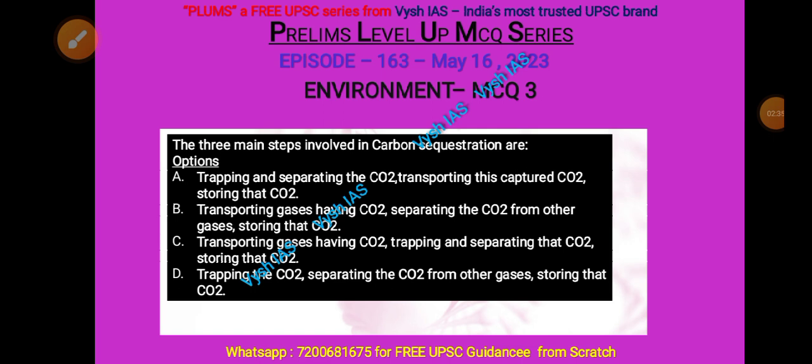Option B: transporting gases having carbon dioxide, then separating the carbon dioxide from other gases, and then storing it. Option C: transporting gases having carbon dioxide, then trapping and separating the carbon dioxide, and then storing it. Option D: trapping the carbon dioxide, separating it from other gases, and then storing it. Let us see the answer now.